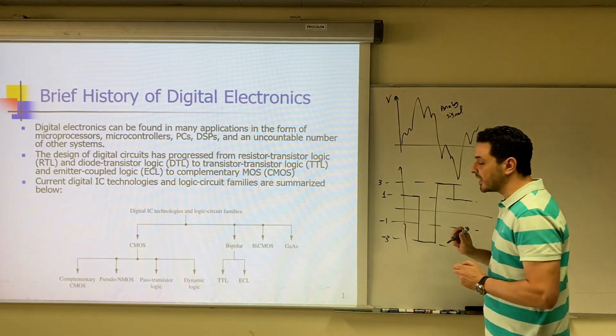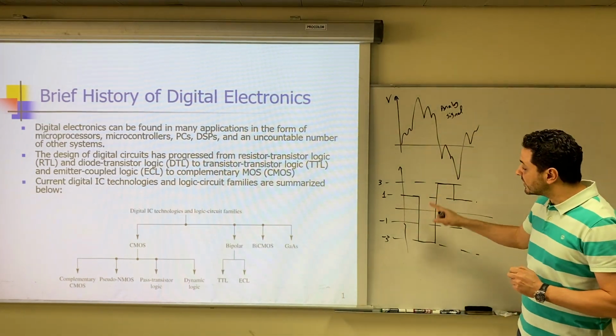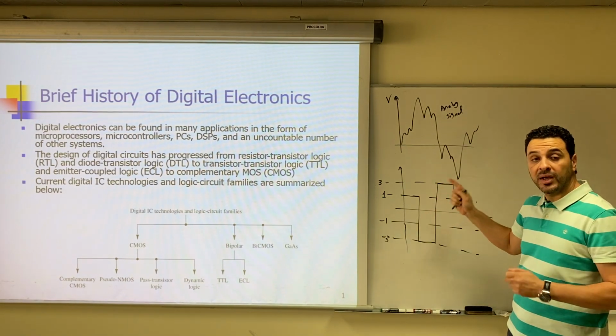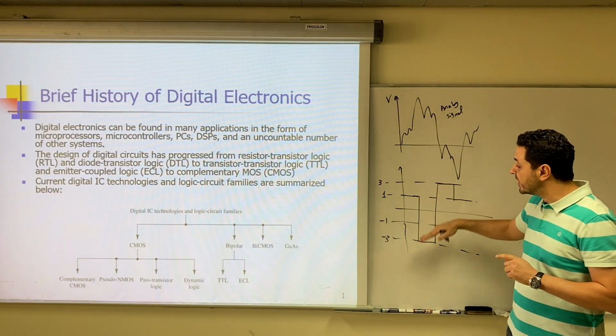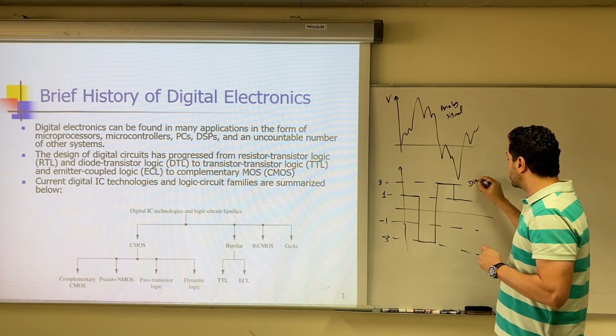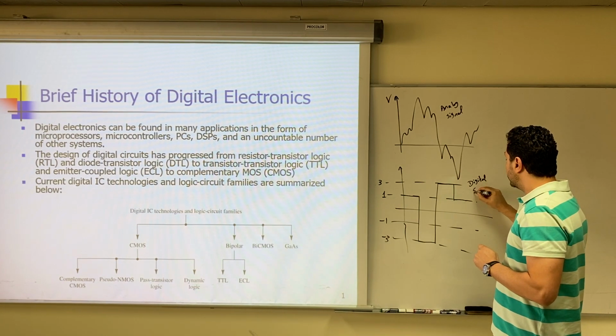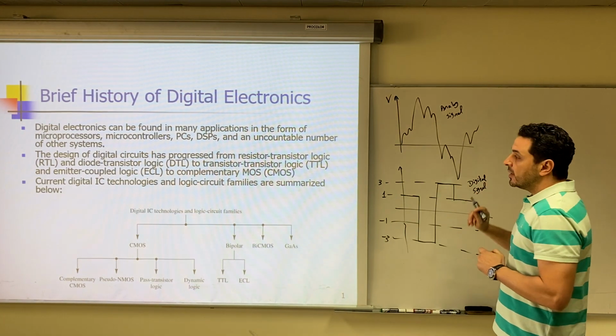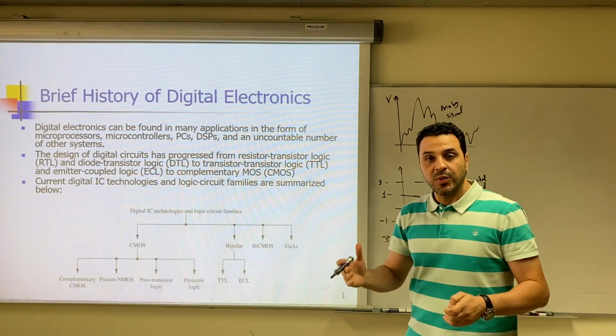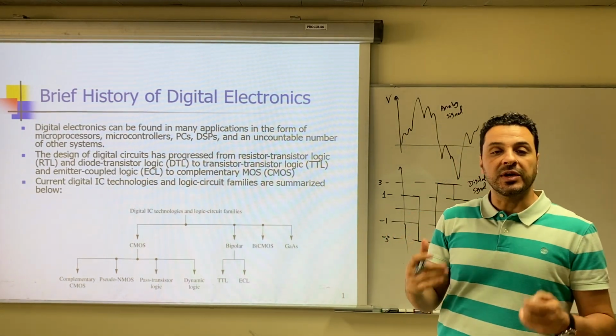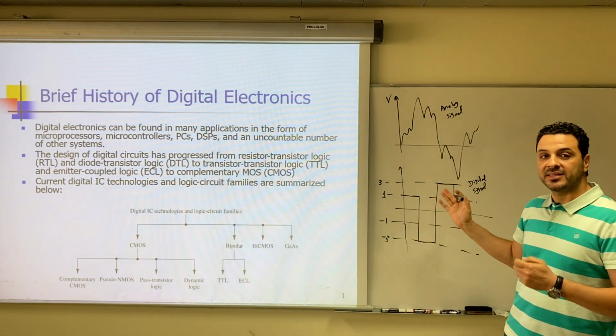This is called a digital signal because the amplitude cannot take any value, it can take only a finite number of values. Okay, so now we are going to discuss circuits that deal with these digital signals.